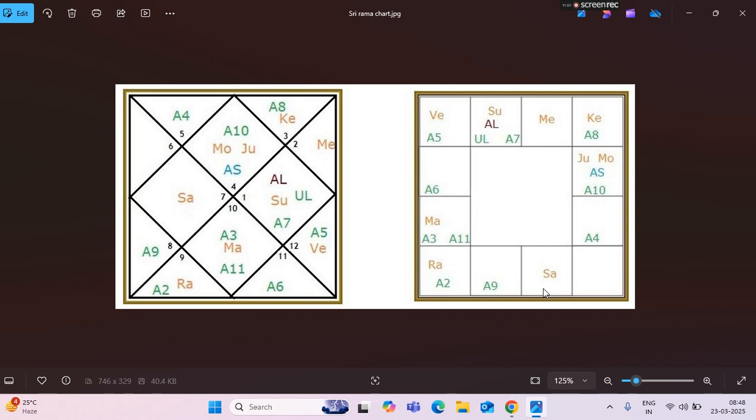Now the third house talks about younger siblings. So Venus is aspecting, Ketu is aspecting, Rahu is aspecting. So there must be three siblings before him. Obviously there are three siblings: Bharata, Shatrughna, and Lakshmana, and Sri Ramachandra was the eldest.